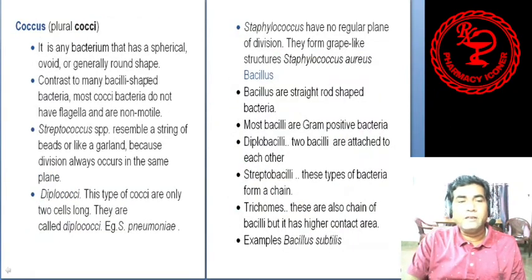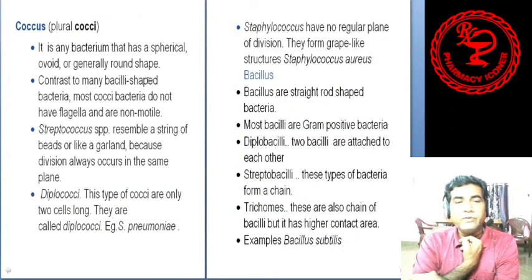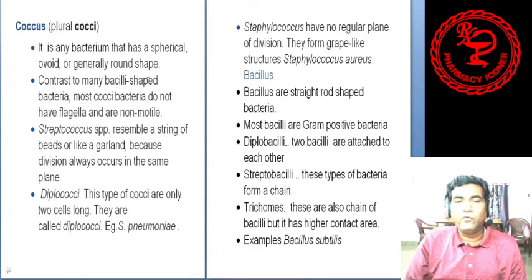Now this is the coccus. These bacteria are spherical, ovoid, or generally round shaped. In contrast to many bacilli, most cocci do not have flagella and are non-motile. So another important point is that cocci do not have any flagella.